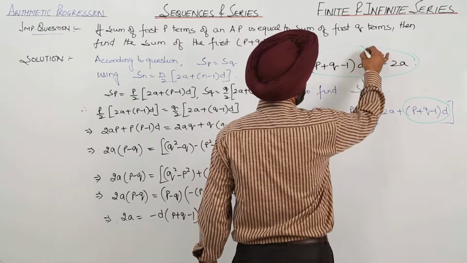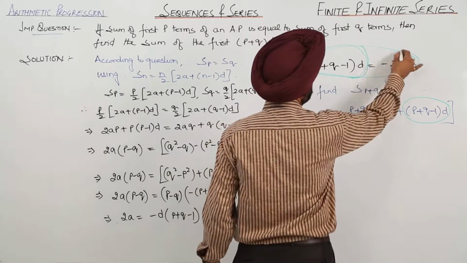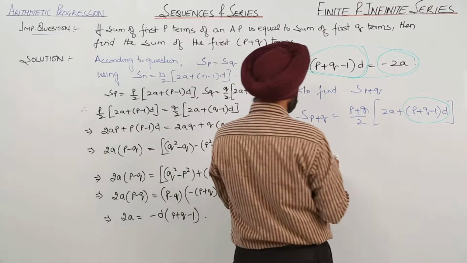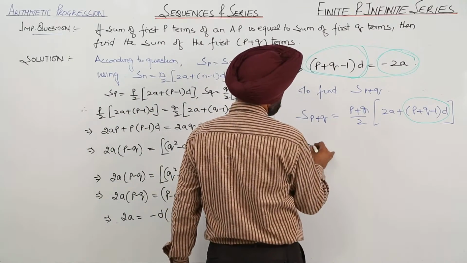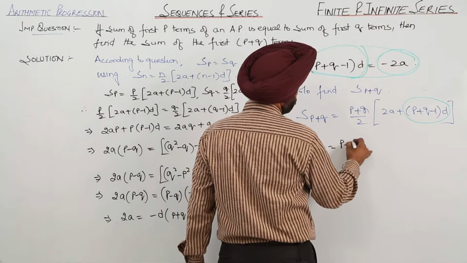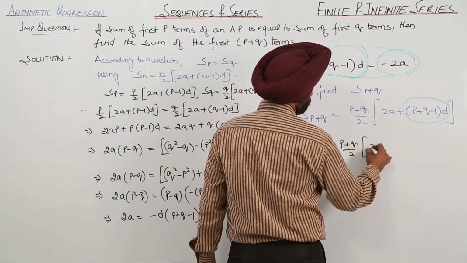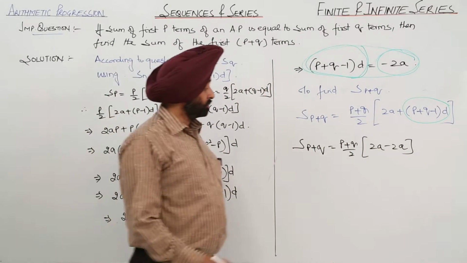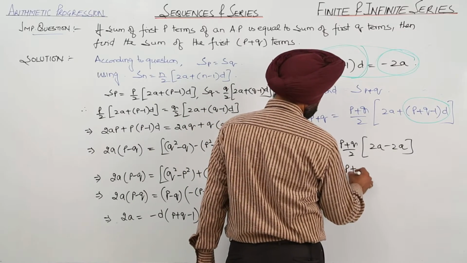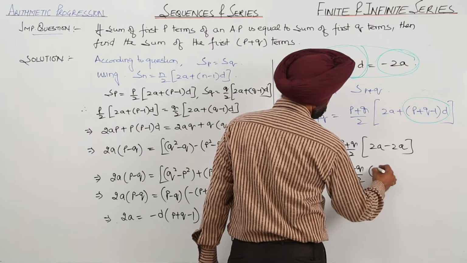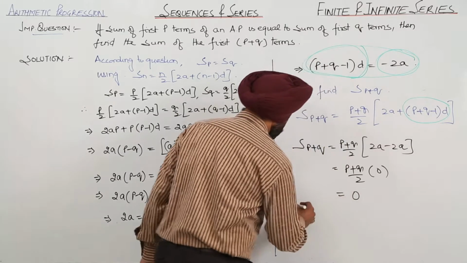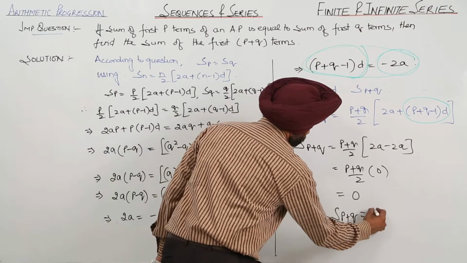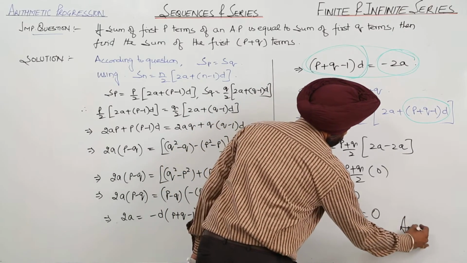So we can write S_(p plus q) is equal to (p plus q) upon 2 with (2a minus 2a). Okay, and this becomes (p plus q) upon 2 with 0 is equal to 0. Hence S_(p plus q) is equal to 0. Answer.